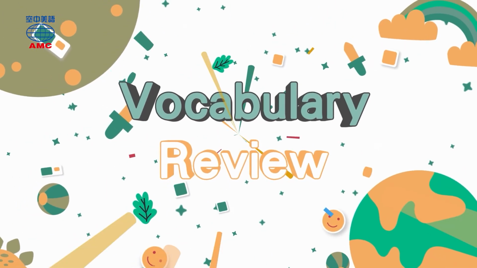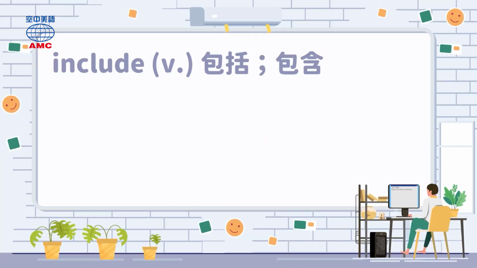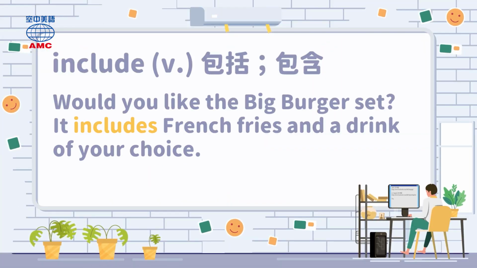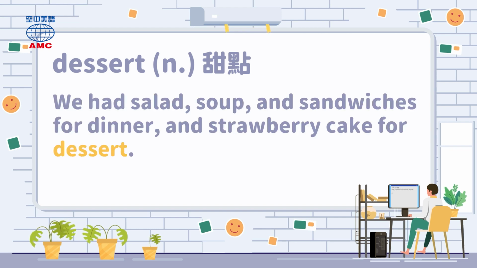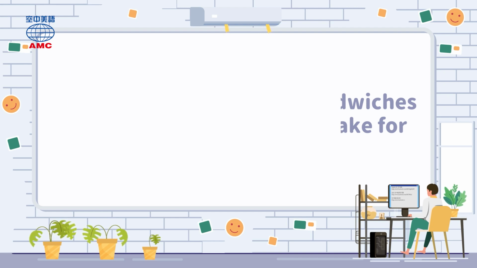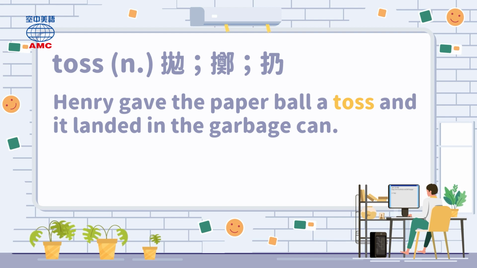Vocabulary Review. Include. Would you like the big burger set? It includes French fries and a drink of your choice. Dessert. We had salad, soup, and sandwiches for dinner and strawberry cake for dessert. Toss. Henry gave the paper ball a toss and it landed in the garbage can.